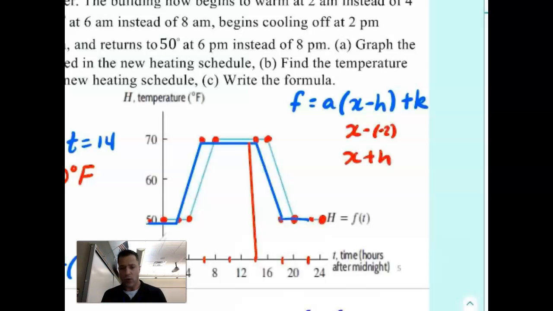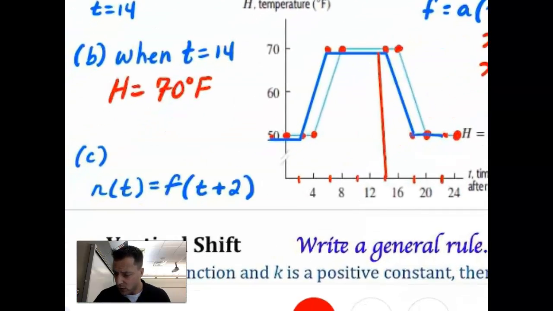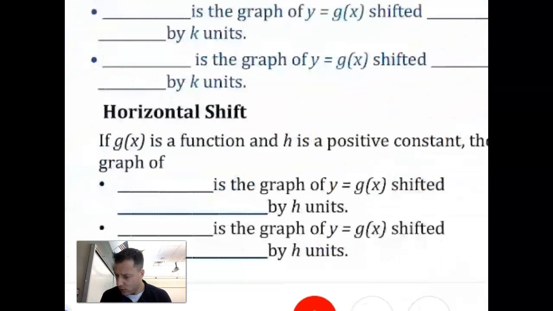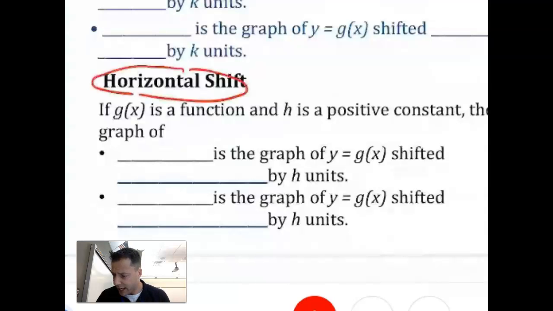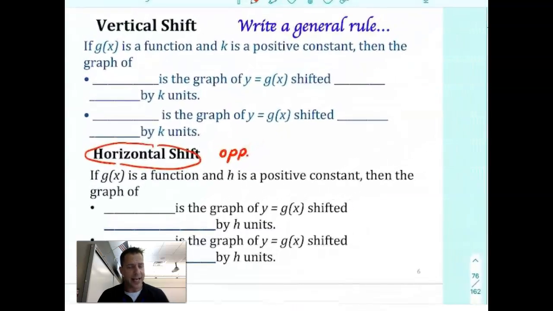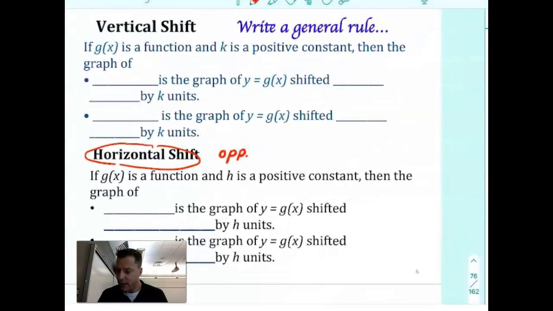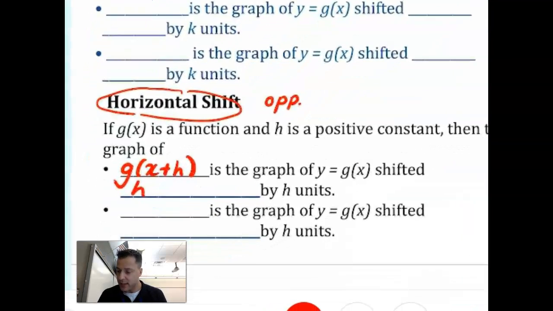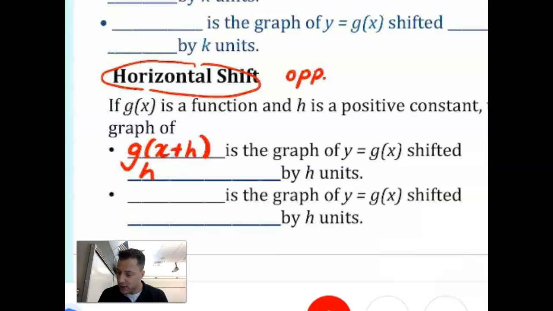Let's write this summary. The general rule: be really careful on the horizontal shift. You have to think opposite. If g of x is a function and h is a positive constant, then the graph of g of x plus h is going to be shifted left by h units.